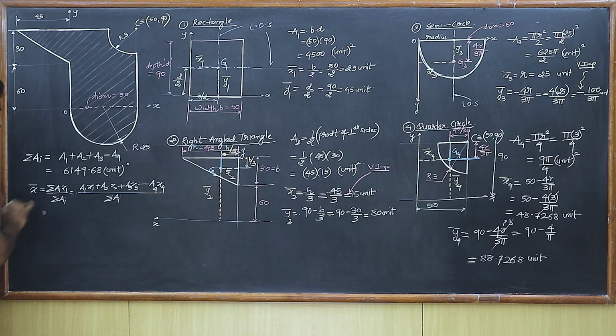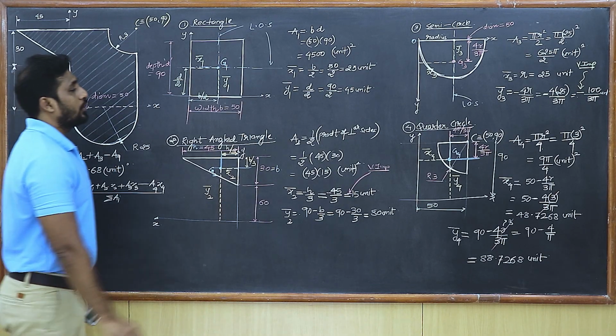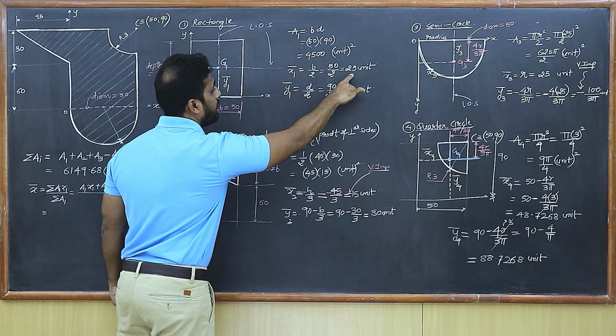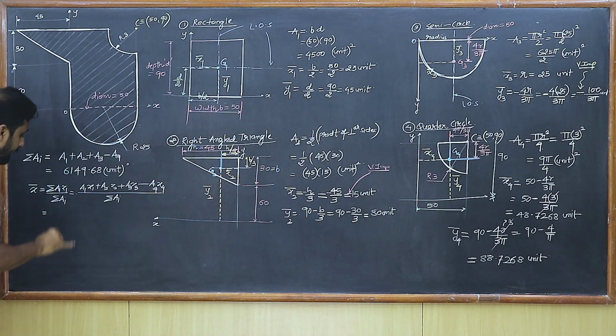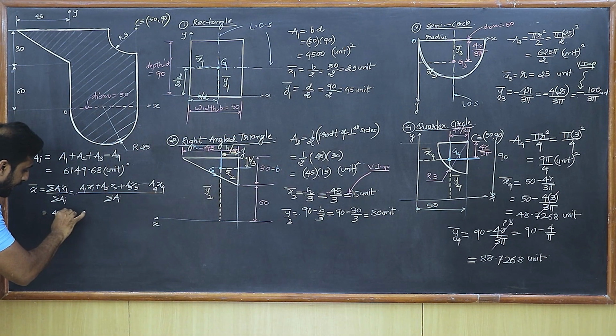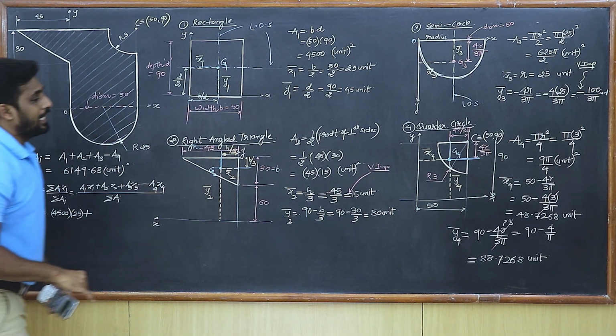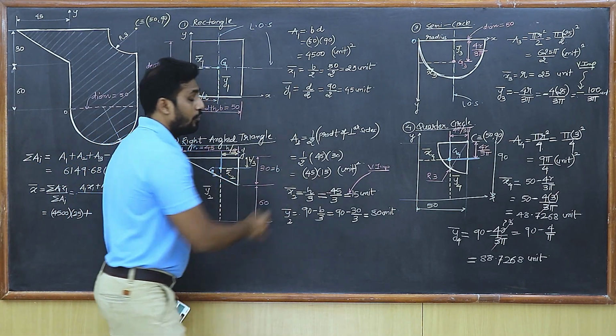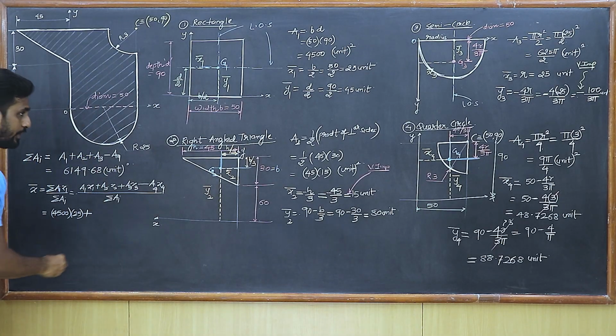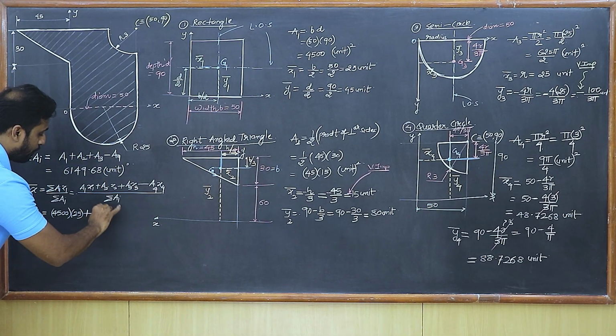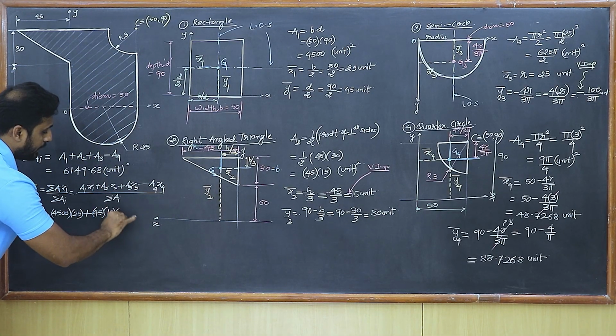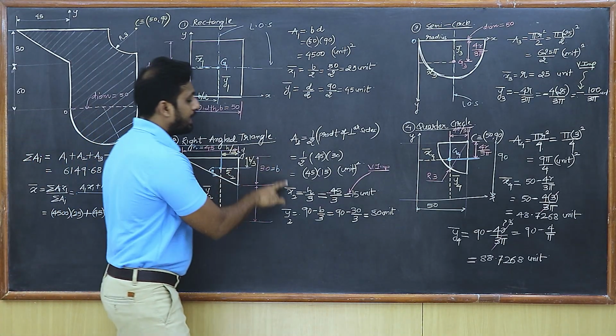So students, let's put up all the values. So A1 into x1, so that's 4500 into x1 bar is 25. So I write 4500 into x1 bar, which is 25, then a plus sign, isn't it? So that's 45 into 15, isn't it? 45 into 15. So I write here 45 into 15 into what is x2 bar?